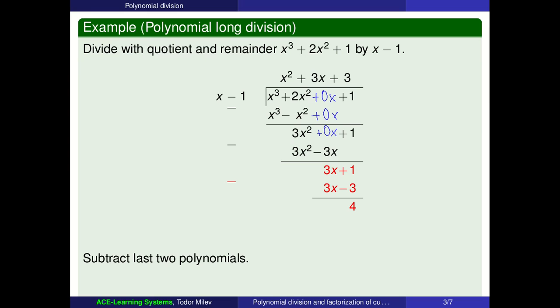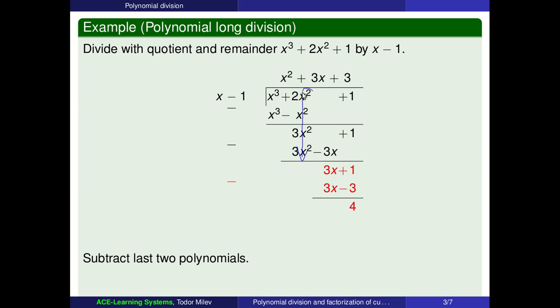That is extremely important. So aligning terms properly in columns is going to make the difference between a properly filled in division tableau and a wrongly filled in division tableau. Once again, please make sure that you put all terms of like powers in the same column.